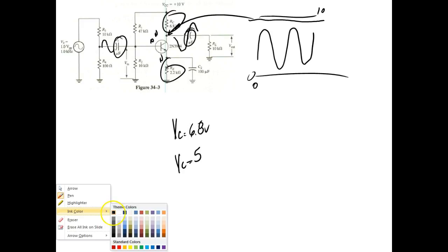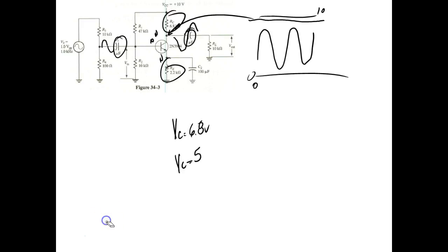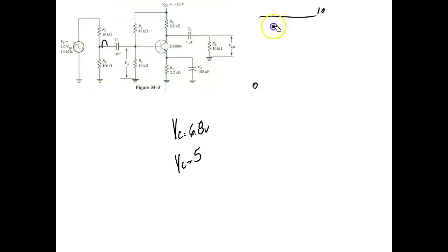So we have two formulas for gain, depending on whether RE is bypassed or not bypassed. A while ago we said, okay, we got one gain. So our gain, AV, we've got two formulas. We've got R out over RE prime, this is bypassed, or we've got R out over RE.